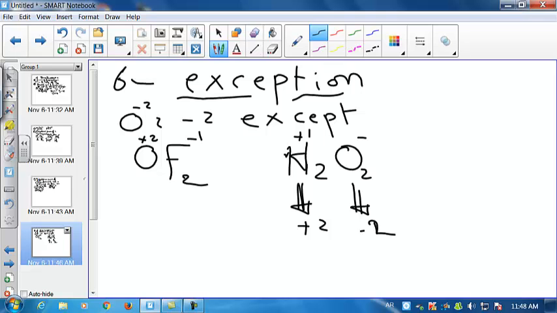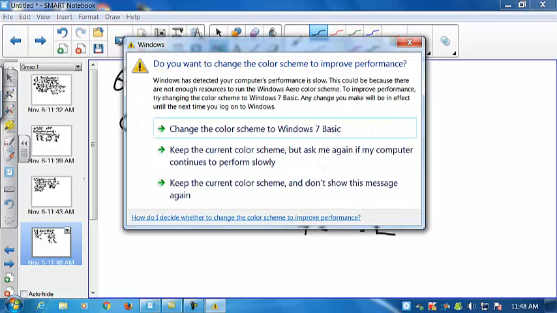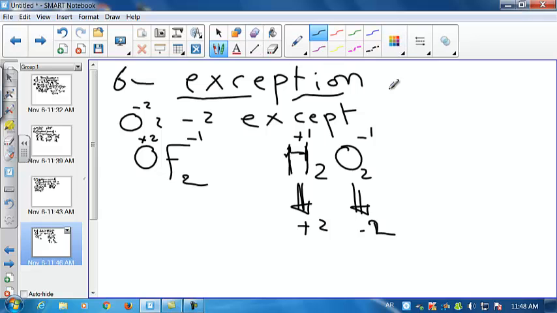So we have to put here -1, such that -1 times 2, -2, goes with +2, and the molecule is neutral, right? So this is also an exception. So the normal oxidation number for oxygen is -2, except in oxygen fluoride it is +2, and in peroxide it is -1.